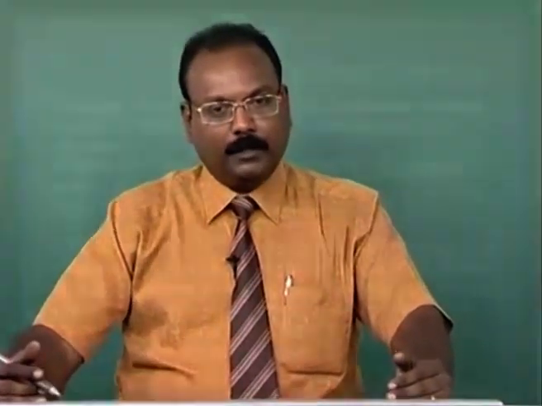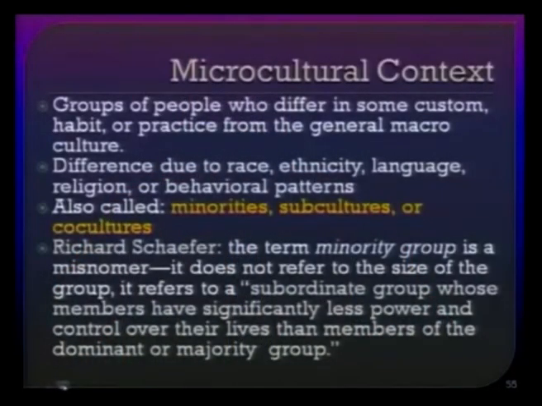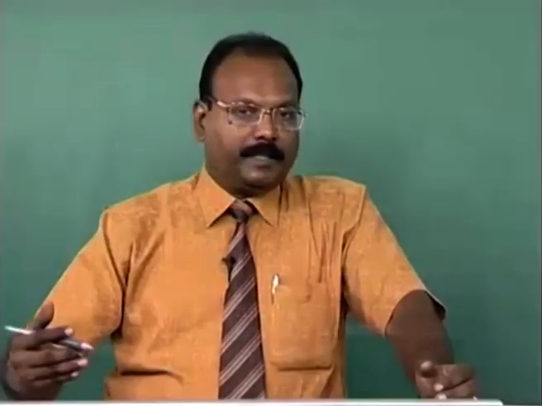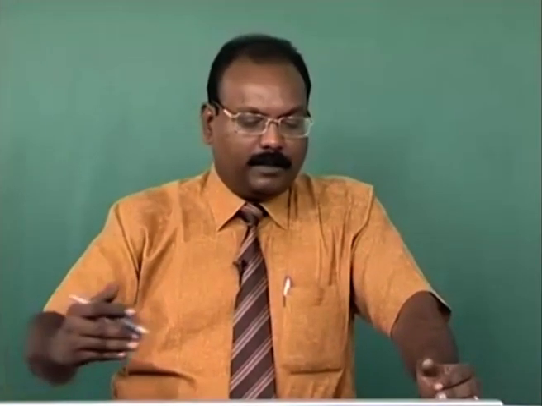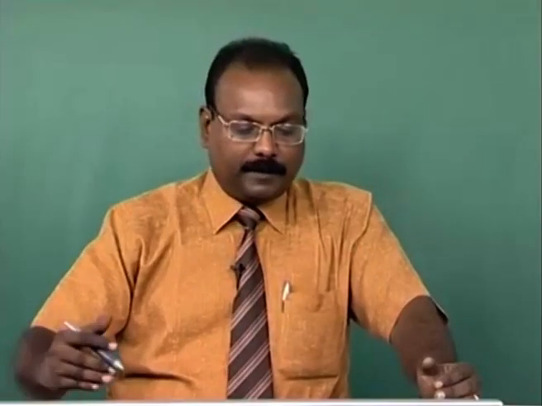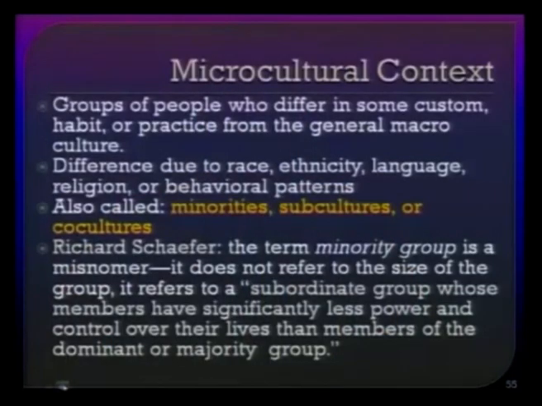Now, what do we mean by microcultural context? This is determined by groups of people who differ in some custom. This means the custom is given by the culture as a norm, but then there are groups of people who differ in some custom, habit or practice from the general macro culture.